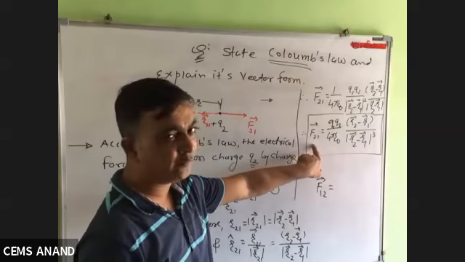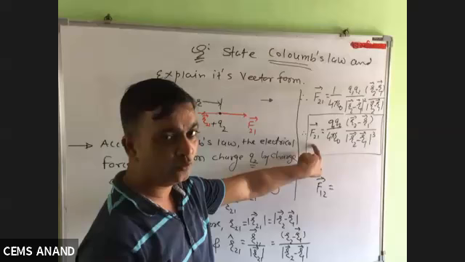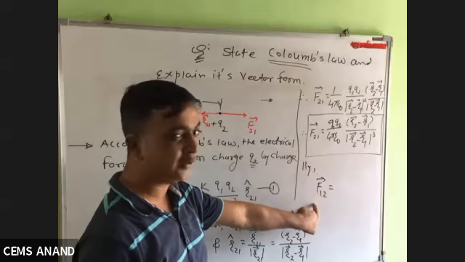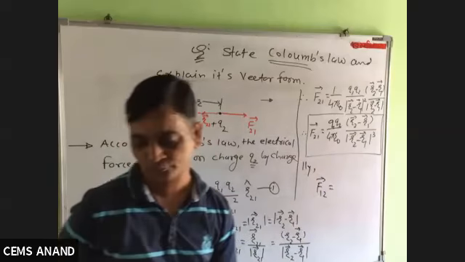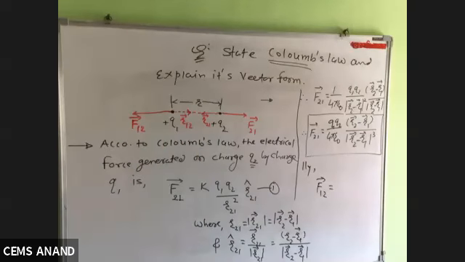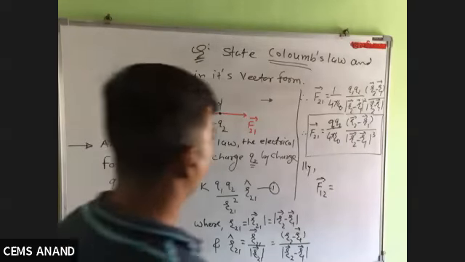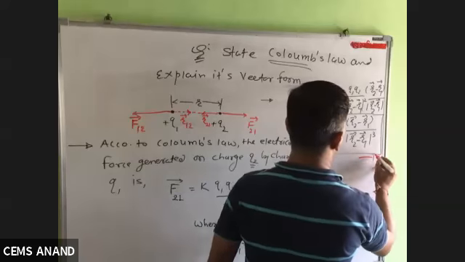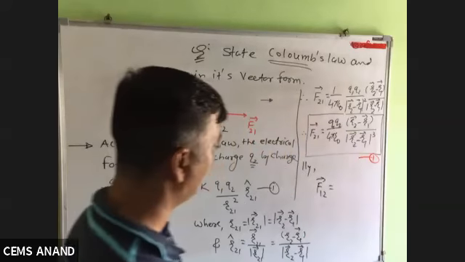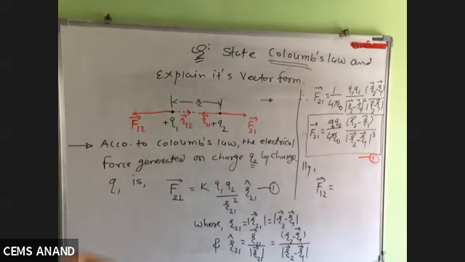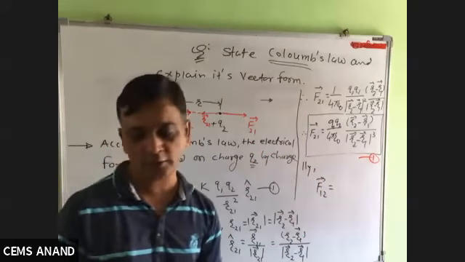After completion of the formula F21, you have to write F12 by your own. This is your formula 1 and then formula 2.